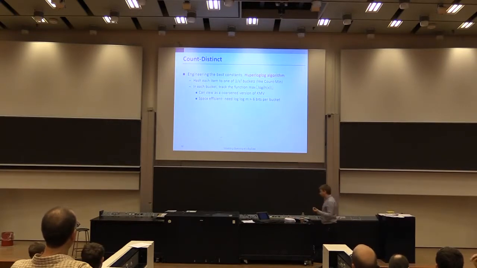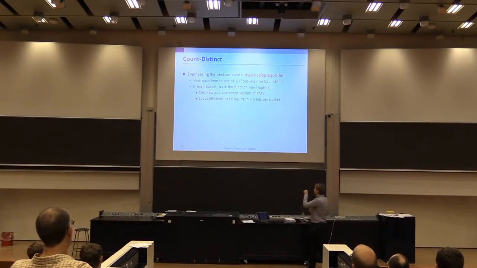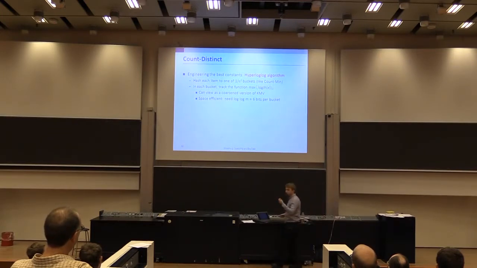And within each bucket, rather than keep track of the k minimum values, you're keeping something which really depends just on the one minimum value in that bucket. But instead of explicitly keeping the minimum value you see in that bucket, you keep a derived quantity: you take the hash value, take the logarithm of that and look at the floor of that value, and you look at the largest value of that floor of a log of anything that you see hashing into that bucket.